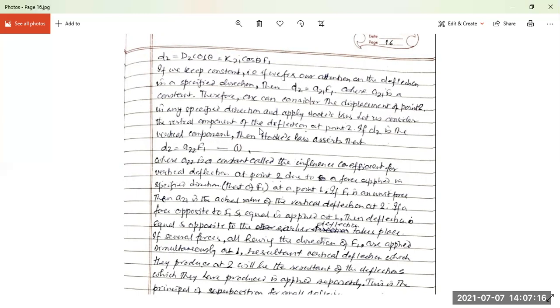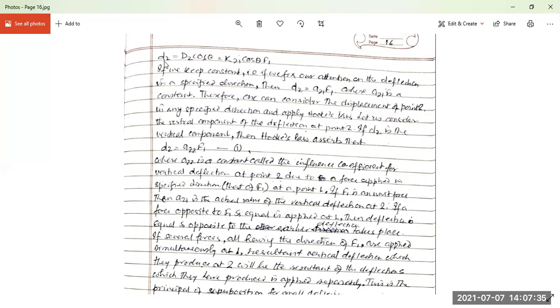Let us consider the vertical component of the deflection at point 2. If D2 is the vertical component, then Hooke's law asserts that D2 is A22 into F1. So we have got a relation.